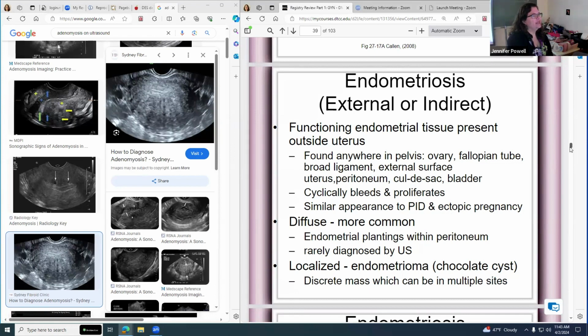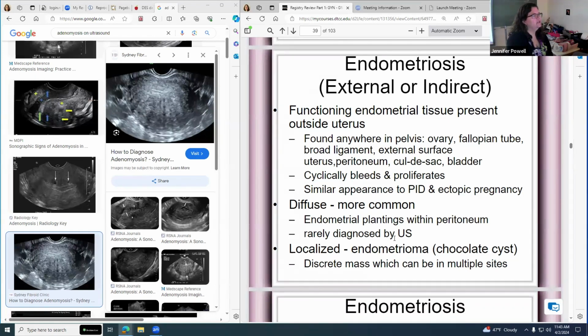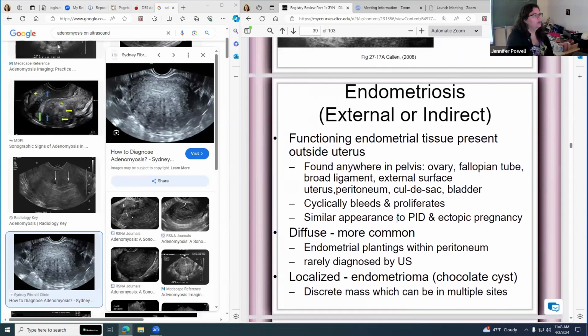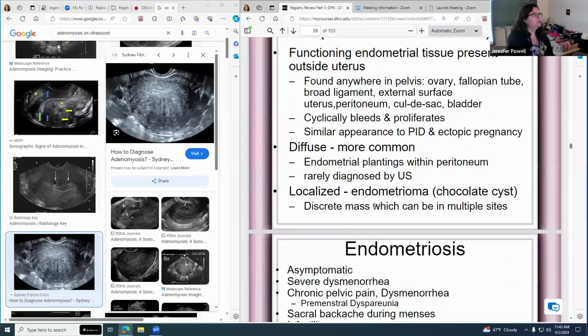Endometrial plantings within the peritoneum are rarely diagnosed by ultrasound. This is more symptom-based. So if somebody goes to the doctor complaining of different symptoms, pain with their periods and so forth, this is pretty much how it's diagnosed more commonly. Localized endometrioma is a focal collection of those cells.